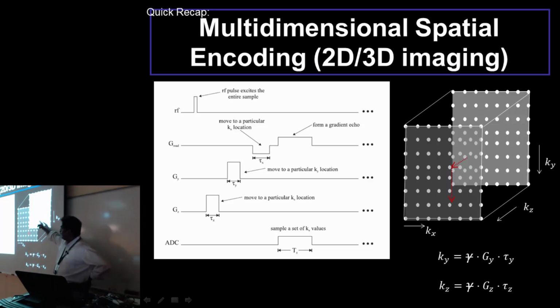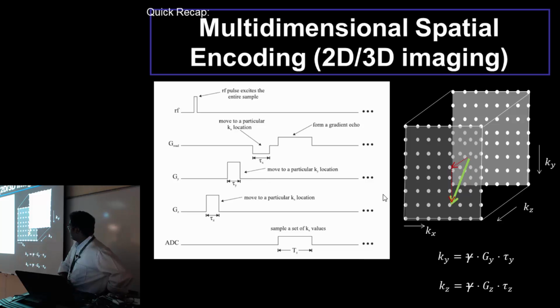So this is taking you through kz, and then through ky by applying this and then this subsequently, one after the other. And then you are there.